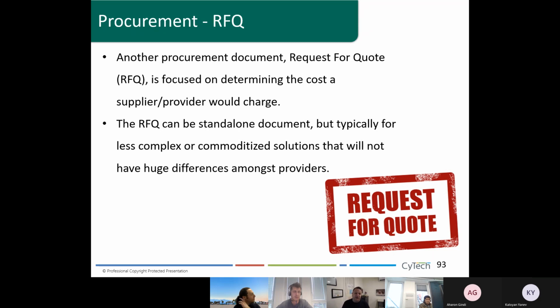Now, Target being a public company, all this RFI, RFP, RFQ are all public information. I don't know how much information from the RFP and RFQ helped the hackers plan their attack, but I know it was valuable to planning this exact attack.